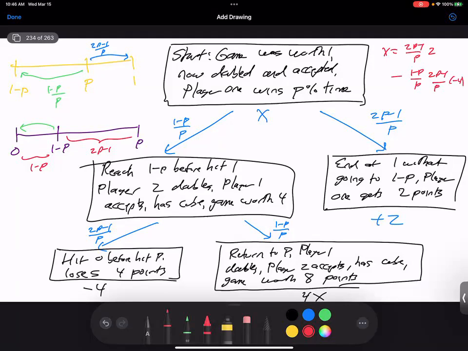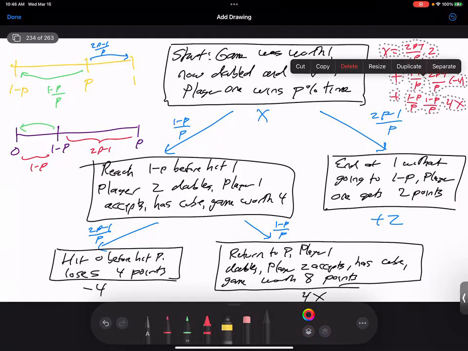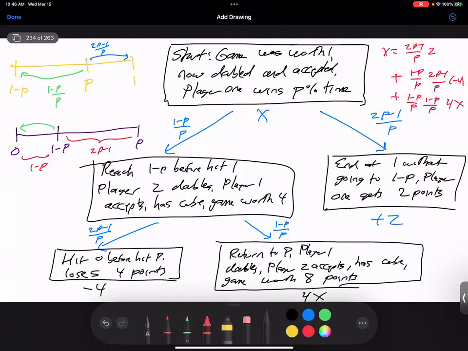I'll do it as -4, just to make it all pluses. And then the last one is that we had (1 minus p) over p times (1 minus p) over p times 4x. Does everybody agree with that algebra? Going through the 3 paths?